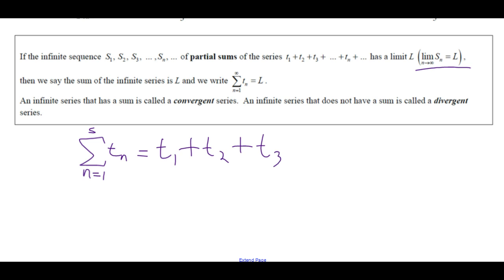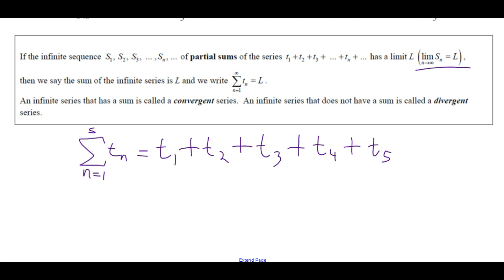So this is its starting value, and it always goes up by 1 until it reaches that value. So plus t4 plus t5. So the sum as n goes from 1 to 5 of t sub n, the expansion of that, is t1 plus t2 plus t3 plus t4 plus t5.